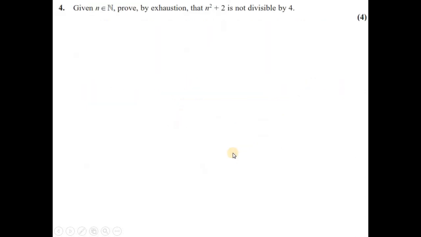Question number 4. That type of question is new in this specification. So given n belongs to N, this symbol is for natural numbers. Natural numbers means numbers starting from 1, 2, 3, 4 and keep moving on.